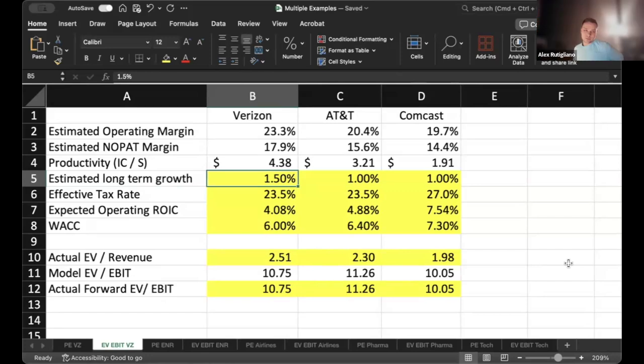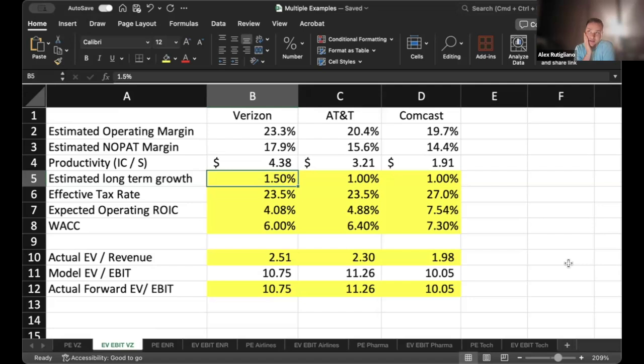So Verizon has a negative spread of roughly 2% versus a negative spread for AT&T of roughly 1.5%. And then if you pair that with the fact that Verizon's estimated growth is 1.5%, meaning they're destroying value more quickly versus AT&T's 1%.